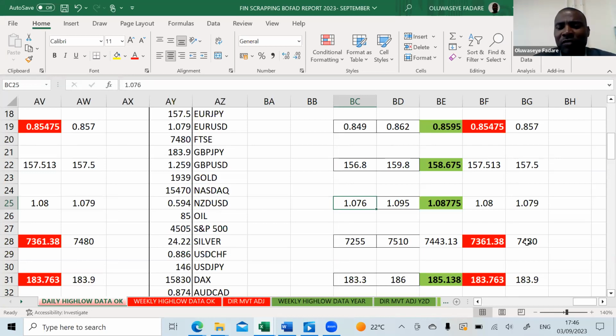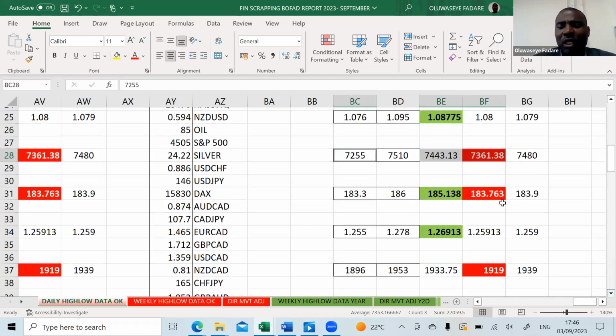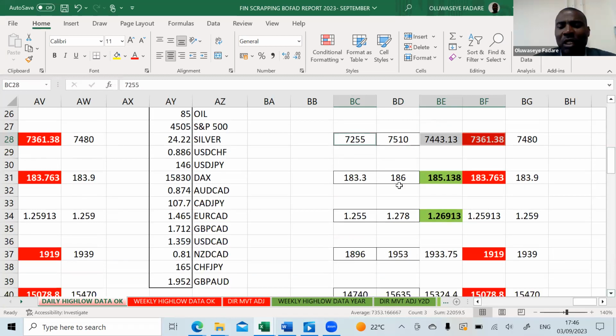Okay. FTSE, the market is below 7510, but the market is above 3. So it's either the market goes above 7510 upwards or the market reverts downwards. GBP JPY, the market is above 183.8 and 183.7, 183.3 and 183.76.